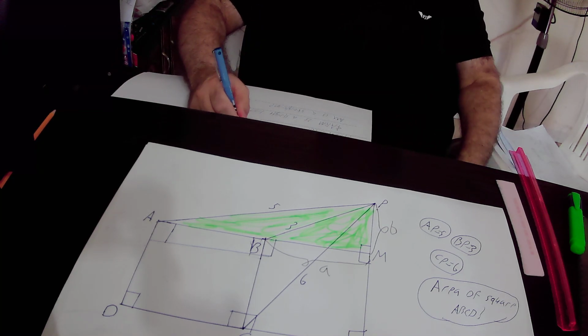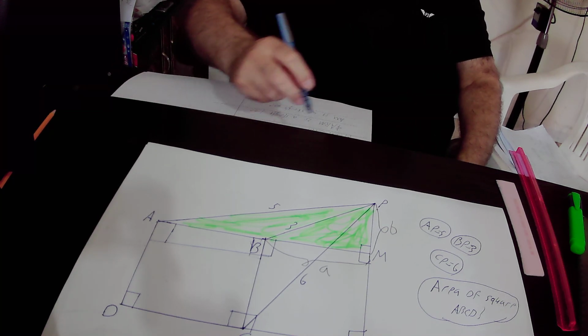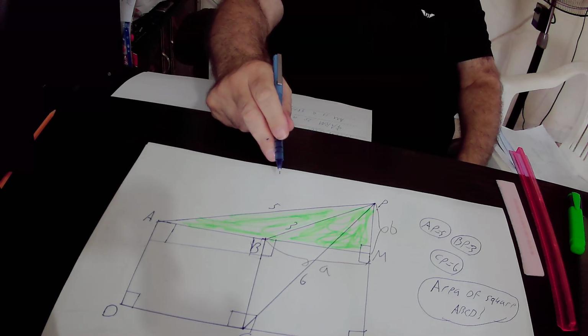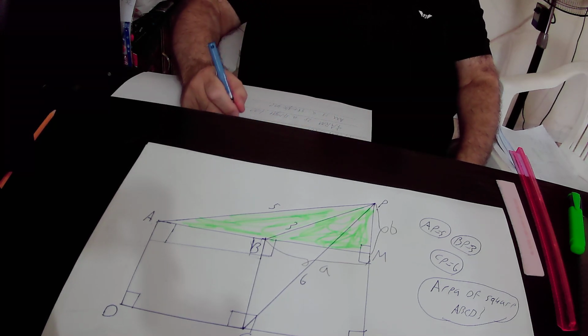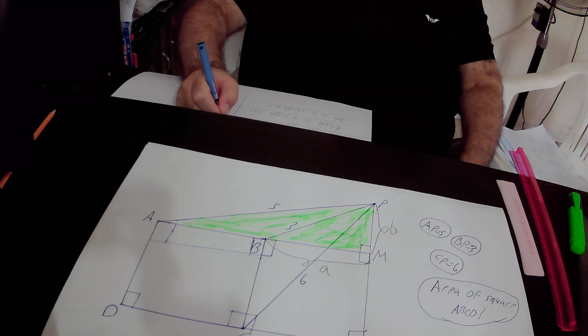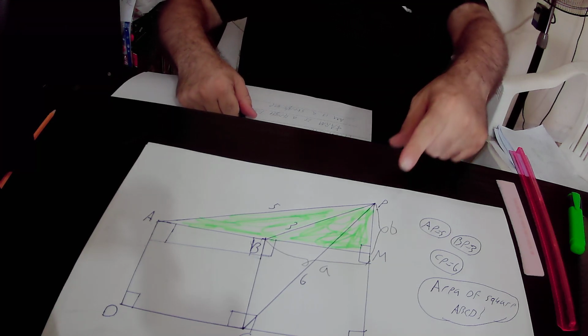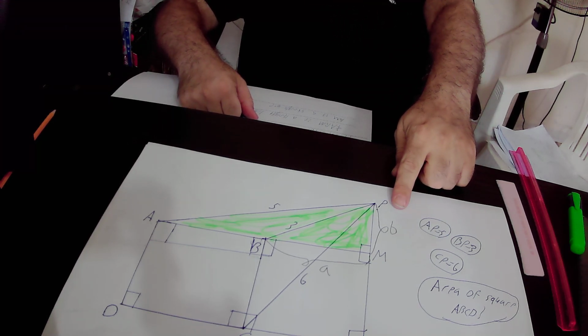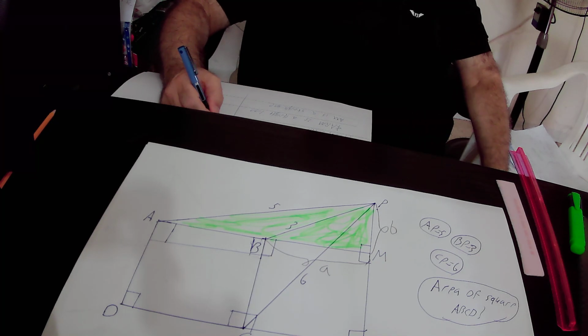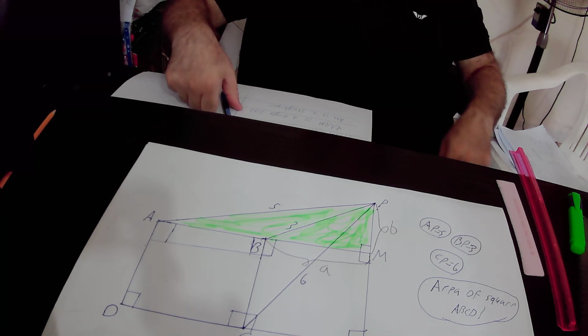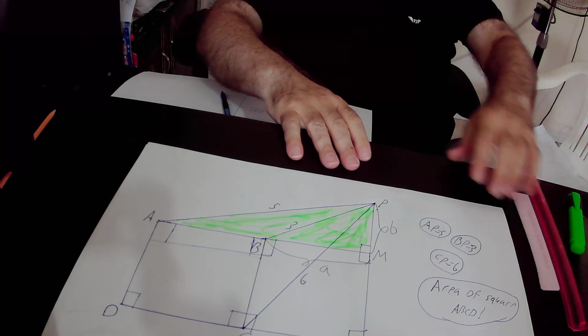According to what is given in the question, the hypotenuse AP equals 5, therefore AP squared is 5 squared, that is 25. And this is equal to PM squared. PM is B, therefore PM squared is B squared plus AM squared.